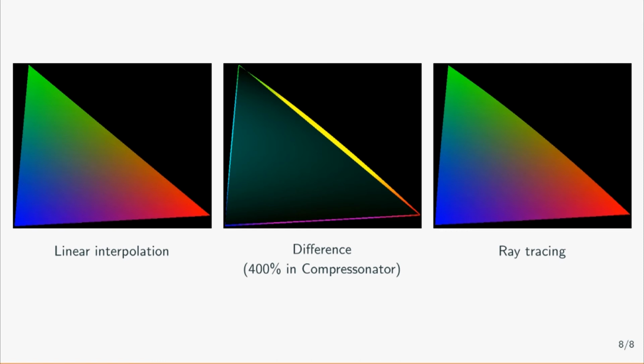As you can see, the surface of the triangle is not linear anymore in the space of the optical module. The intermediate image shows the difference between the left and right images. Most of the difference is located on the sides of the triangle, but there is also a difference inside the triangle itself. The intermediate image is obtained with the help of the Compressonator tool.